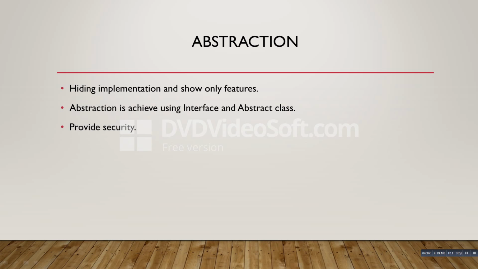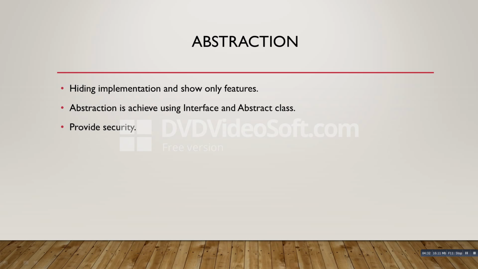So we need to make our app as simple as possible, and that is where abstraction comes in. We show only those features which the user wants to use, in a very simple, convenient and easy to access way. In that way also abstraction helps us.